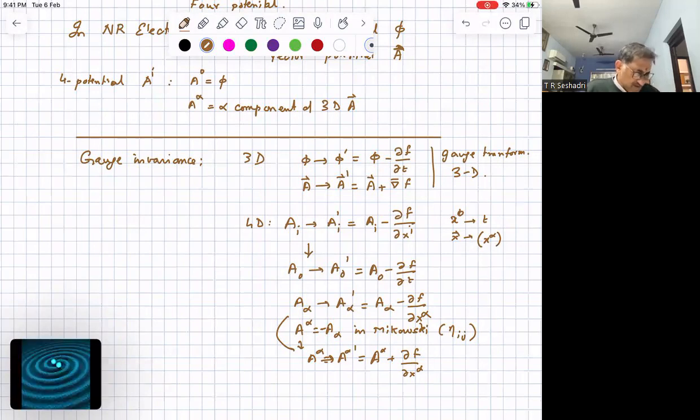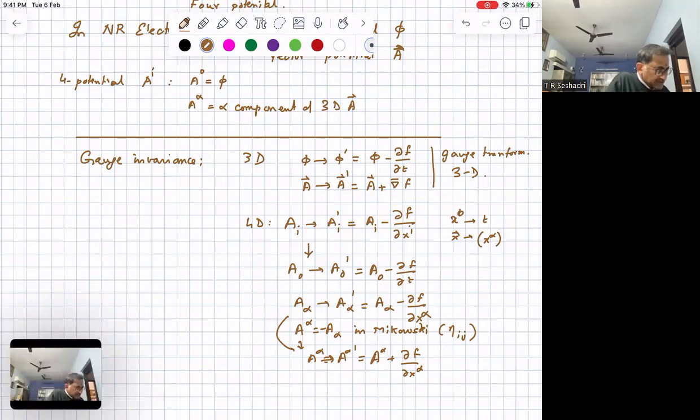Okay. Now, I want to come fast to Maxwell's equation in relativity so that I can start using it in the right-hand side of Einstein equation in GTR.